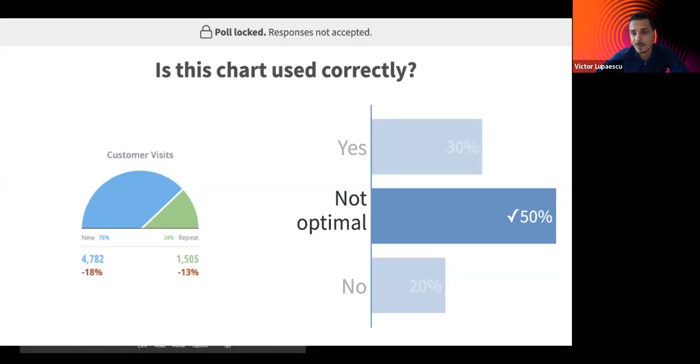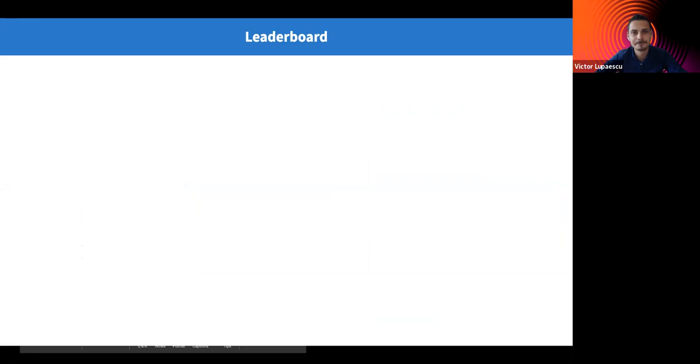The reason why this is not optimal is that even if theoretically it makes sense, it's really hard to compare values when you have this kind of area and an angle included. I'll show you later there are easier ways to do this, and they actually take less space on a screen, which is also important. And let's see the leaderboard.